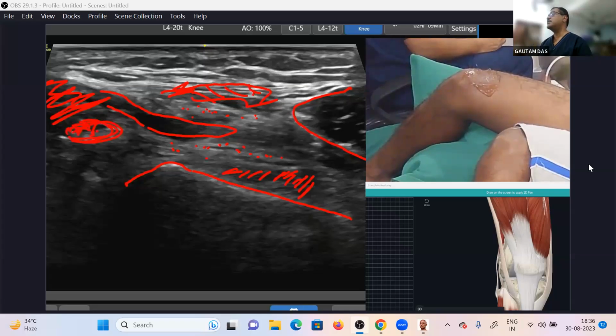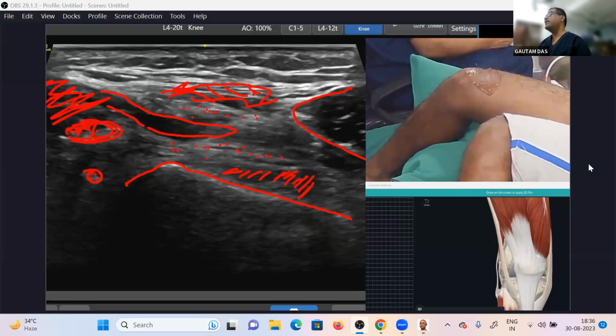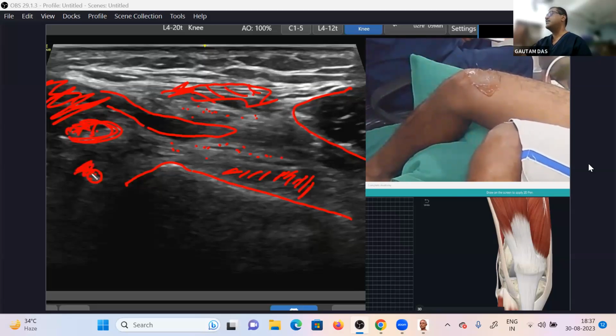And here, another hyperechoic structure we can see is the short head of biceps, not the long head. The long head of biceps is more posterior. So these are the structures in this view.